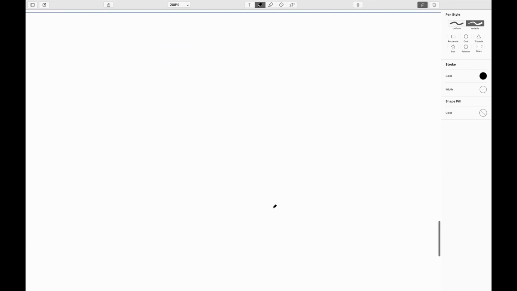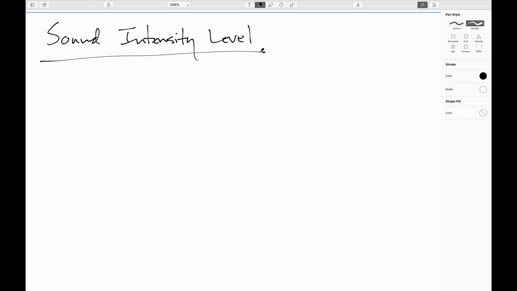So to get a better characterization of how humans actually perceive it, we have another quantity called the sound intensity level. So this is different from the sound intensity, I. This is the sound intensity level.